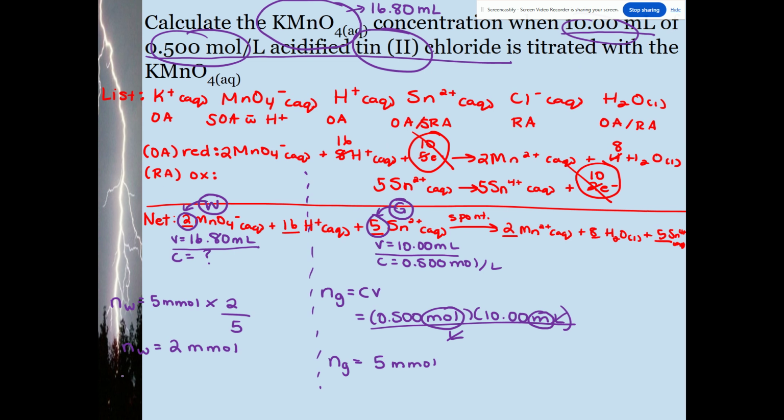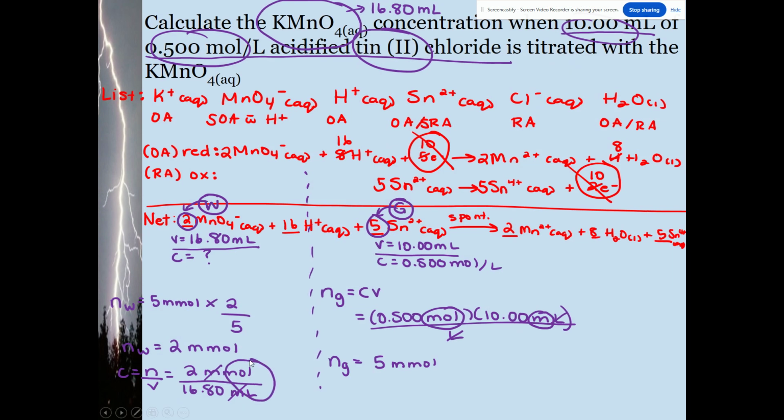Okay? Now, when I find my concentration with n over V, my n of 2 millimoles will be divided by my volume of 16.80 milliliters. Look what happens. The milli on top cancels with the milli on the bottom, and I'm left with moles per liter. So kind of a shortcut.